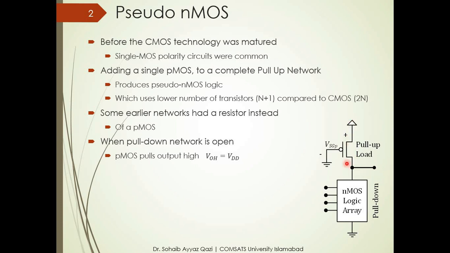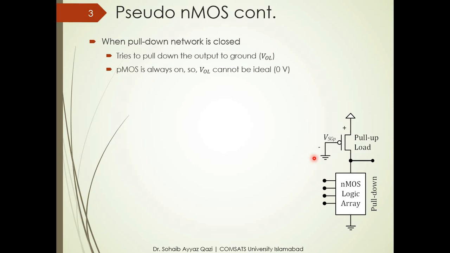So what will happen when the nMOS pull down network is closed? The next thing we have to observe is the closing of this pull down network. If this network is closed, it will try to pull down the output to low voltage, so the output should be around VOL, the output low voltage.